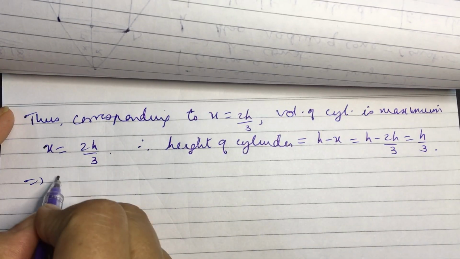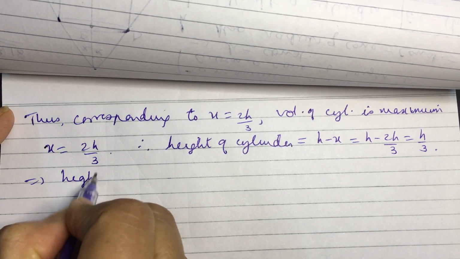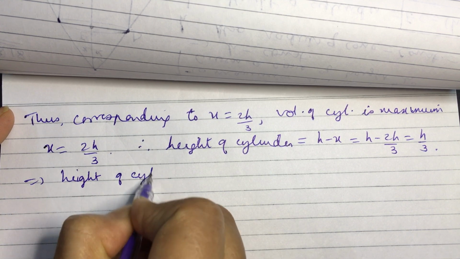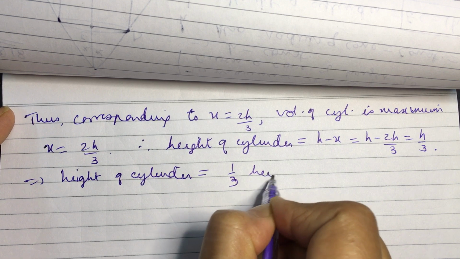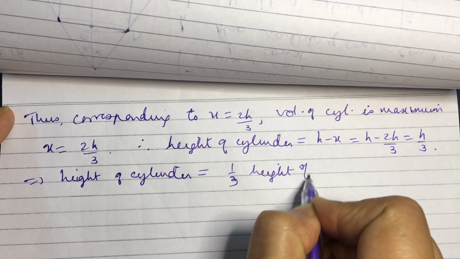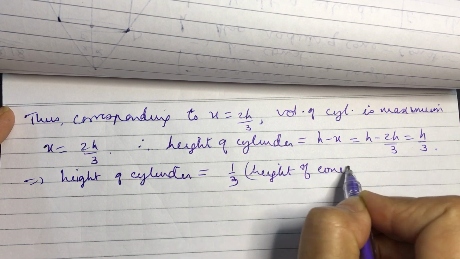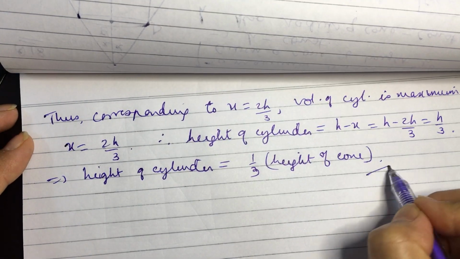So, clearly we get height of cylinder equal to 1 by 3 height of cone. Okay. So, first part is proved.